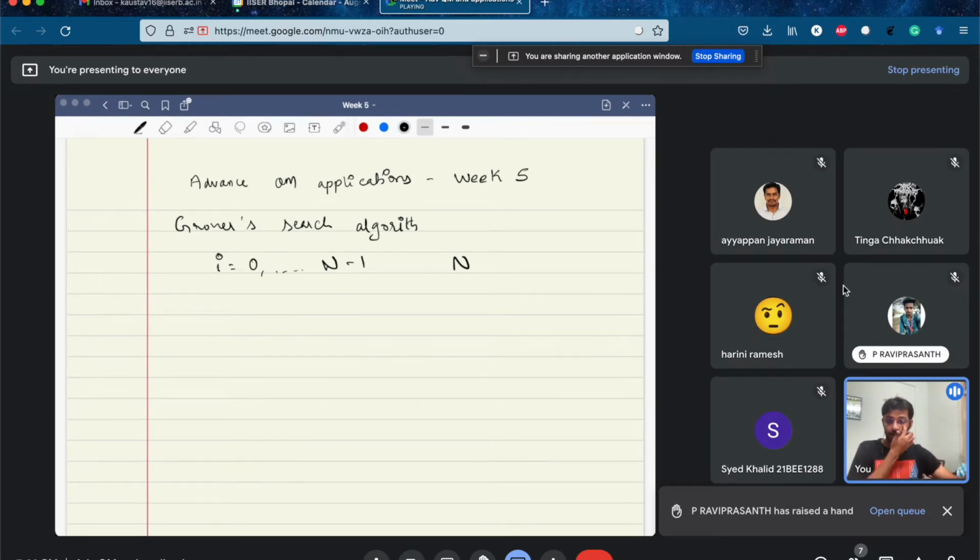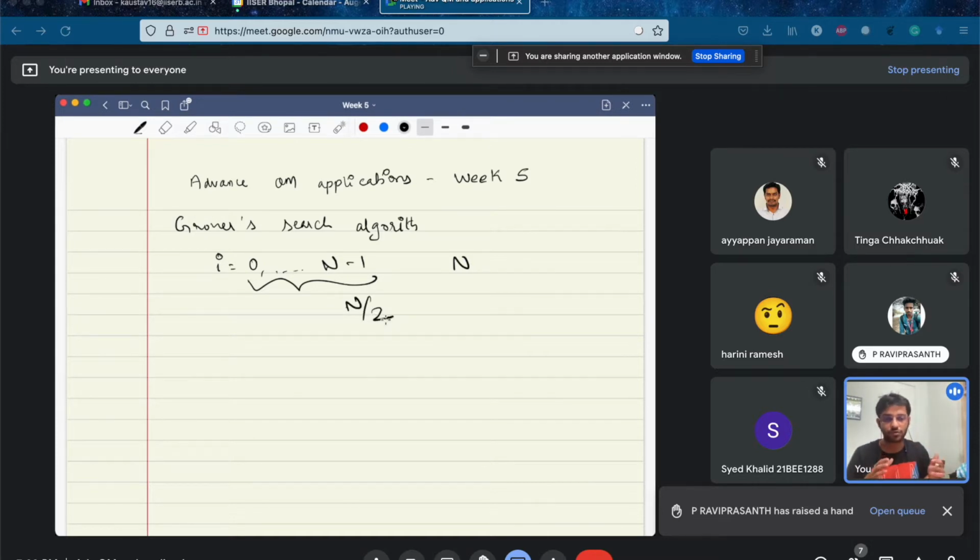So, yes, if you have, like in the classical case, if you want to search a number from 0 to n minus 1, then what you usually do is you start from the beginning and you take them one by one. And on an average, the search time usually takes n by 2.